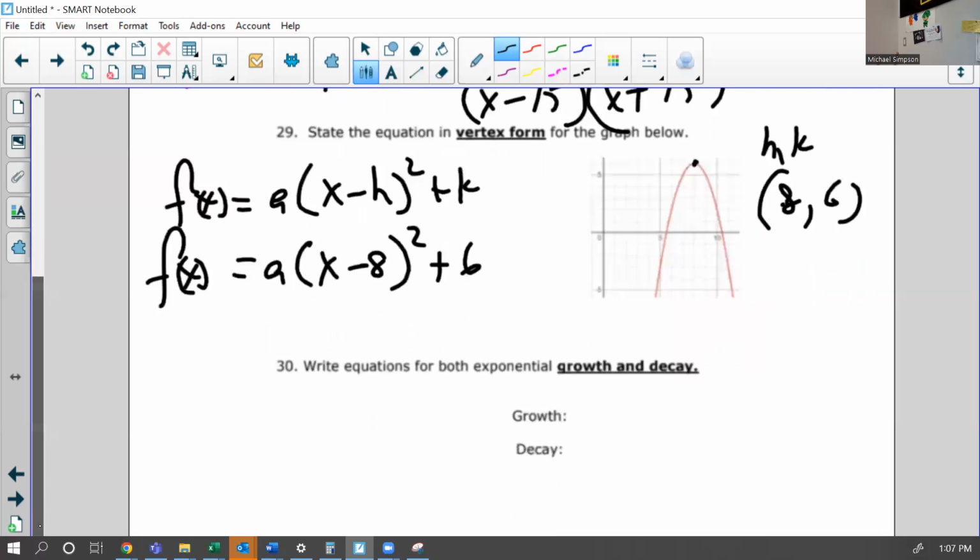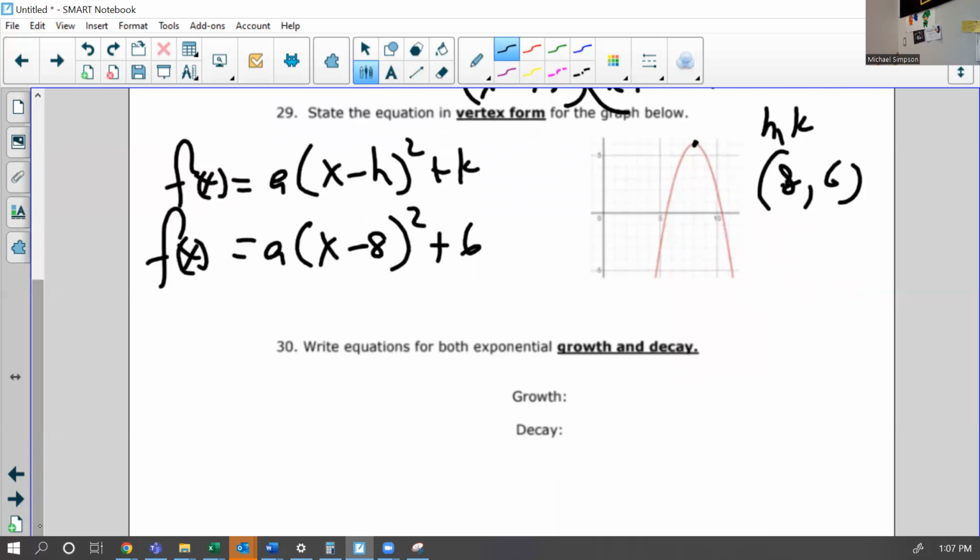Number 30. Write equations for both exponential growth and decay. So remember, for exponential, the base function is f of x is equal to a times b to the x. That is your base function.